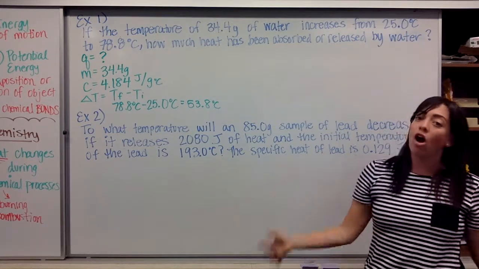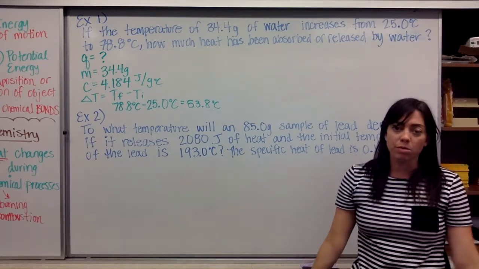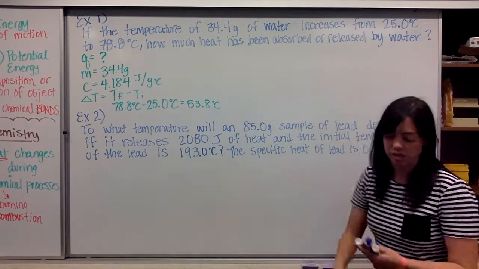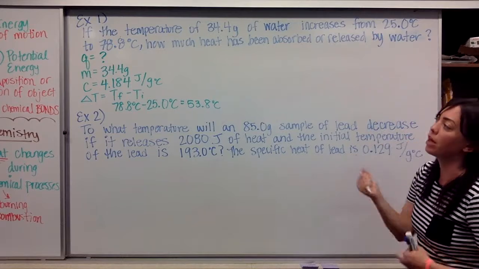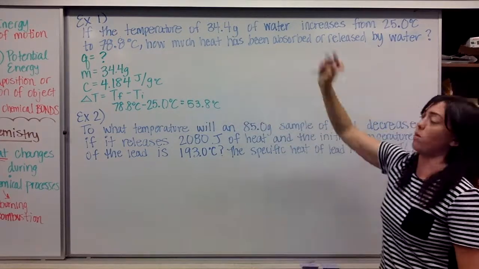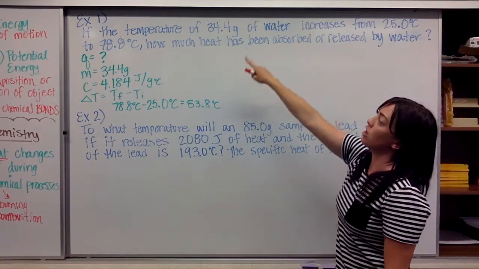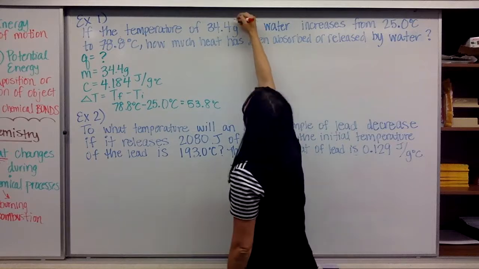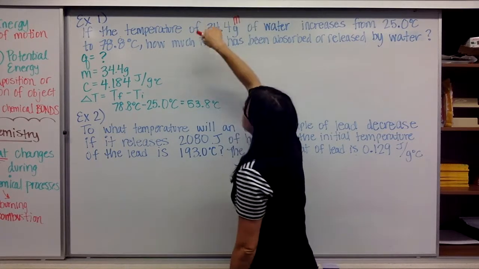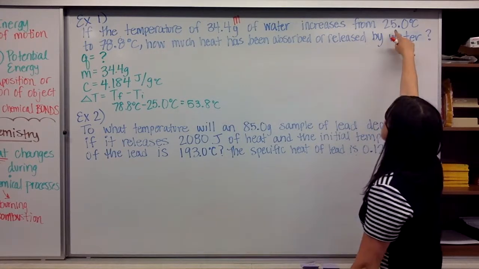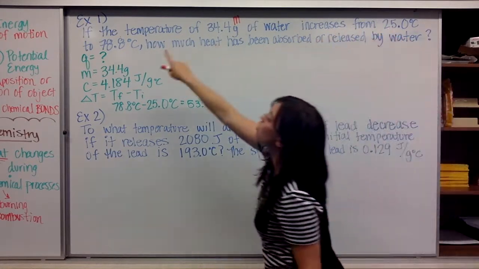Now, just like all of our other word problems that we've done all year, the very first thing you need to do is go ahead and make your variables list. So I'm going to go ahead and label up here, and I already actually made our variables list right here, and then we'll write down our formula. But if the temperature of 34.4 grams of water, this is going to be our mass, which I already put right here, okay, increases from this to this.